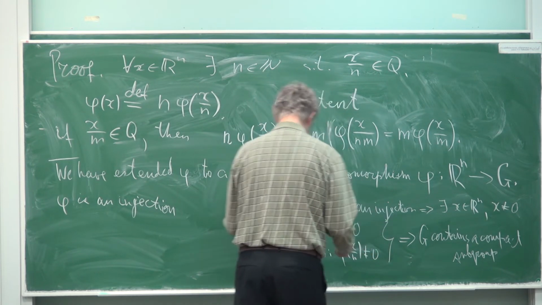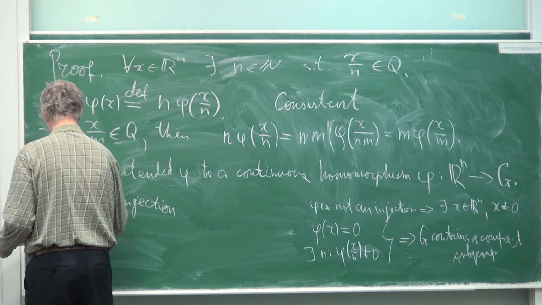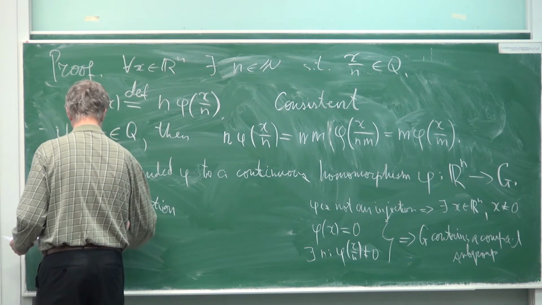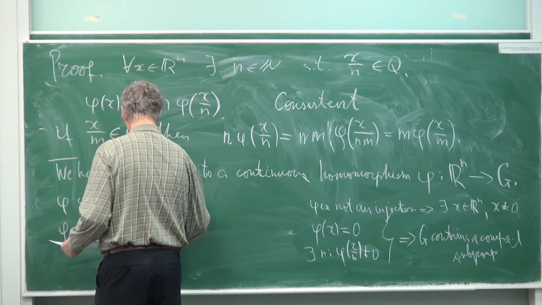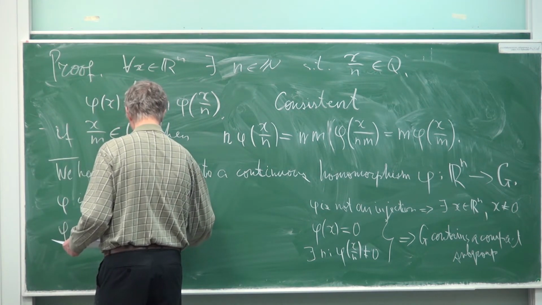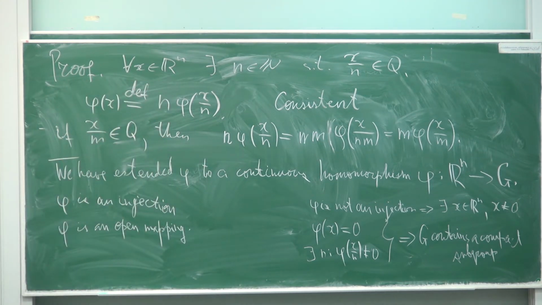It is an injection, but also phi is an open mapping, because it is a homomorphism, and near 0 it is open.